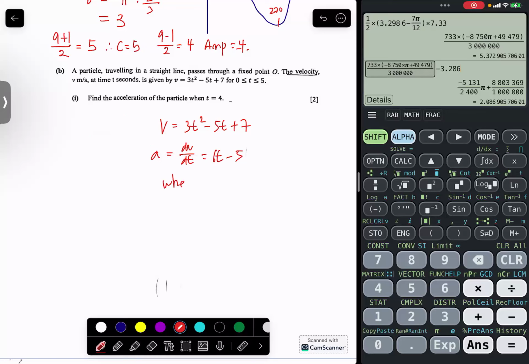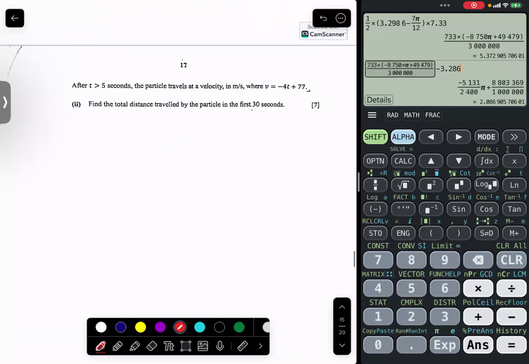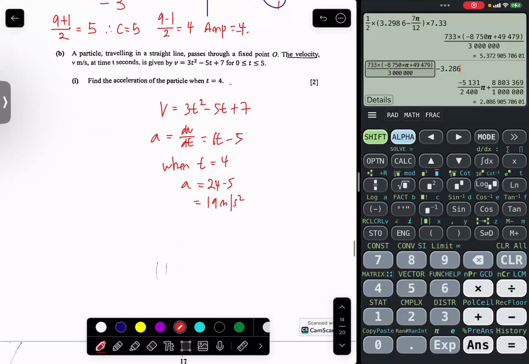When t equals 4, a equals 24 minus 5 equals 19 meters per second squared. After t more than 5, the particle travels at a different velocity, v equals negative 4t plus 77. Find the total distance traveled by the particle in the first 30 seconds.